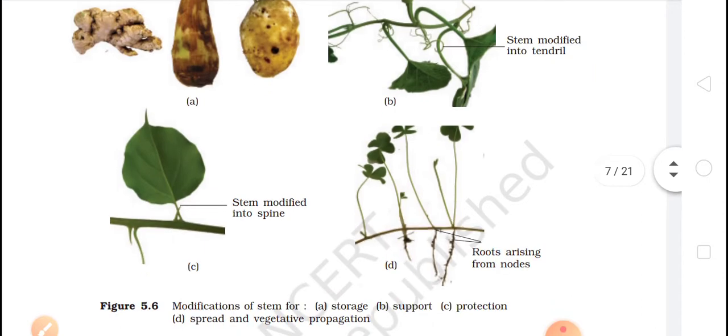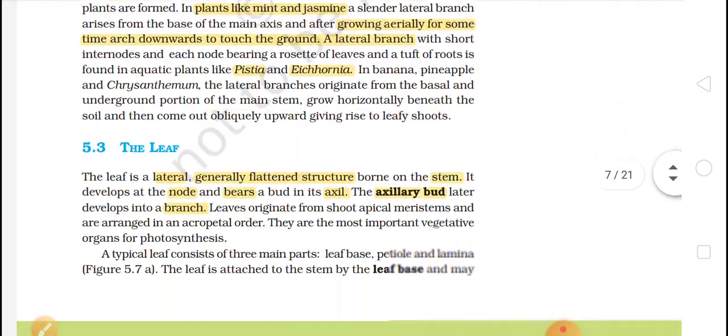You can see in the picture now. The first one is storage. Second, B, help in support, tendril. C, protection, the thorns are developed. And D, vegetative propagation. Vegetative propagation means a new plant can grow from parts of the plant. This we have also seen in the stem.